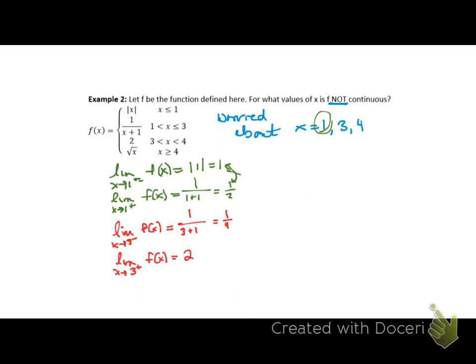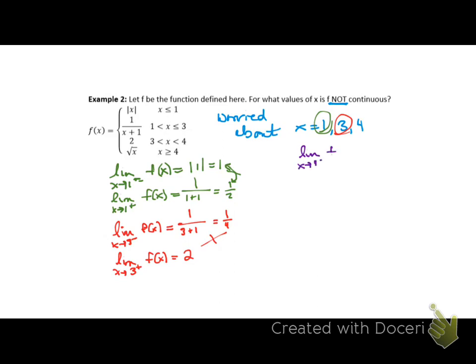It's just a number, so the number is just the answer every time. Those aren't the same, so it's discontinuous at 3.